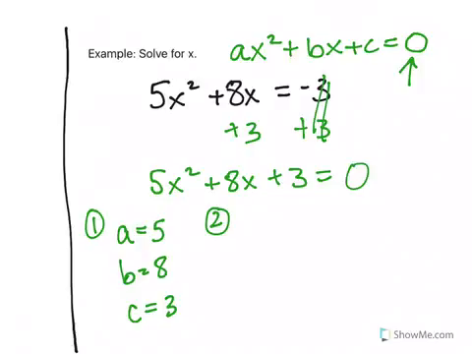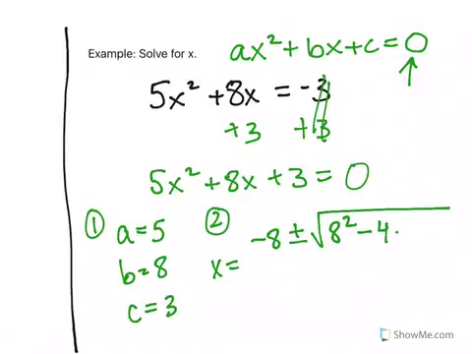The quadratic formula is x equals negative b, so I have negative 8, plus or minus the square root of b squared, so 8 squared, minus 4 times a times c, all divided by 2a. Whoops, we were supposed to replace that a. So all divided by 2 times a, which is 5.